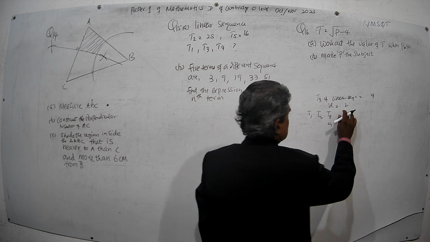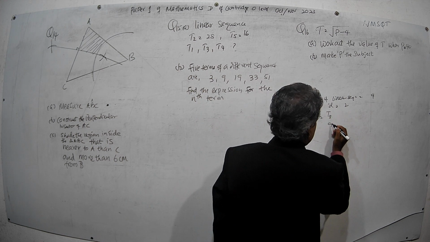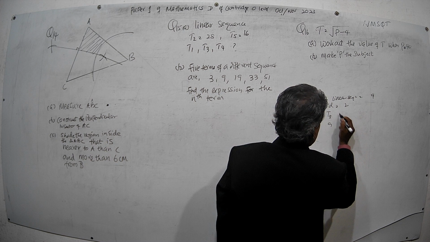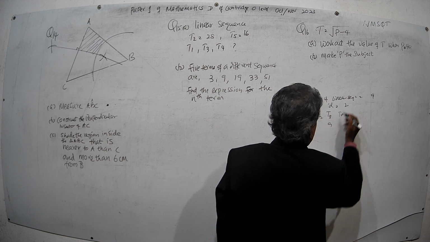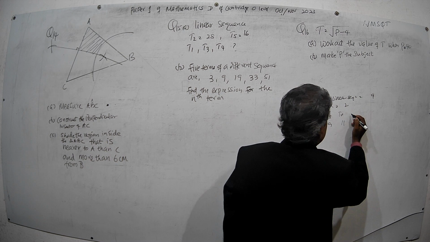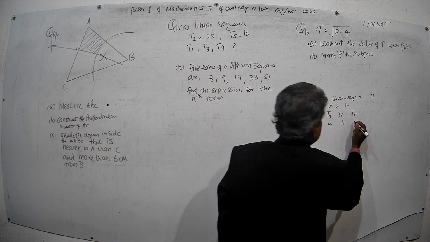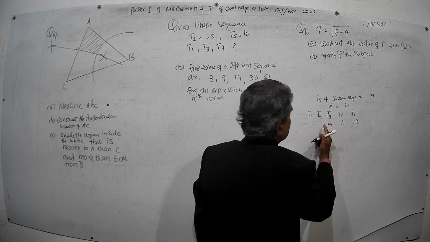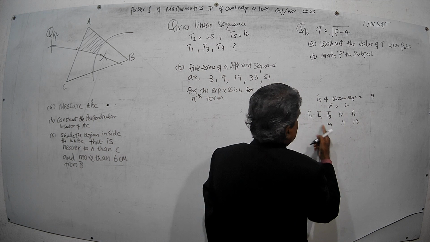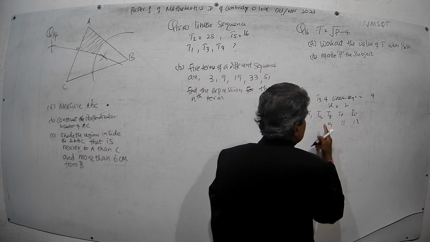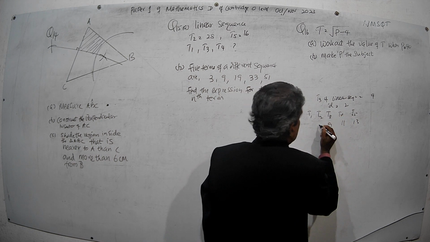As the common difference is plus 2, you add it. T4 is adding 2 to 9, 11. T5, adding 2 to 11, is 13. Then T2 will be 9 minus 2, which is 7.